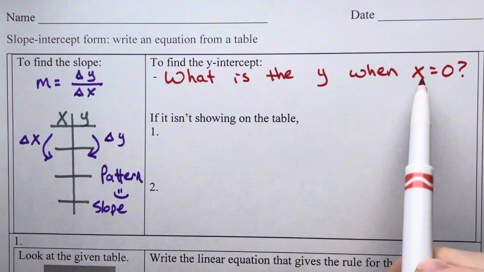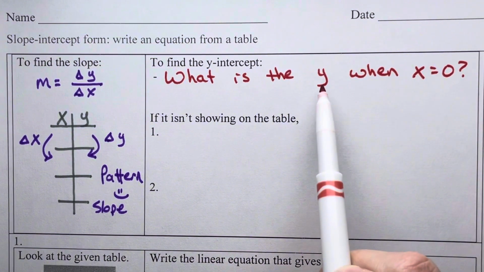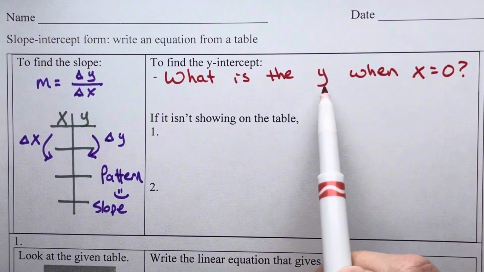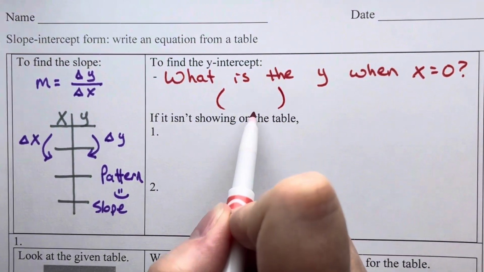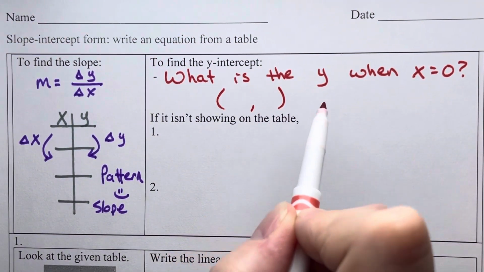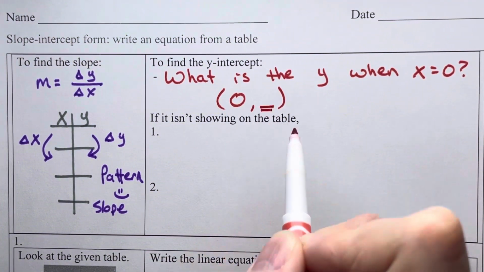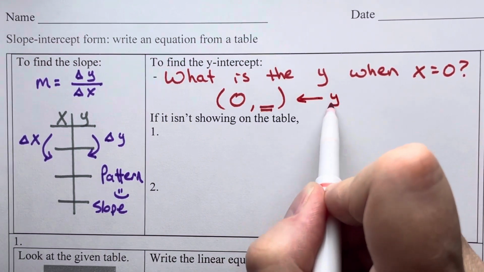So yes, this does mean whenever x is equal to 0, the y value corresponding to that is the y-intercept. You definitely can say that the coordinate point of 0, something, is our y-intercept.